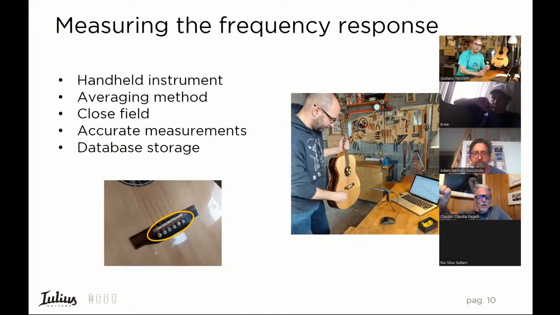We have a 32 averaging system, and this is really the focus of the system, and this is what allows to have repeatable measurements, because this is of course very important. This is made by hand, so it's not a quality control instrument. You will not get exactly the same fraction of a dB each time, but you will have the same dB result each time you make a measurement. Frequencies are not changing, so it's very good for this kind of application.